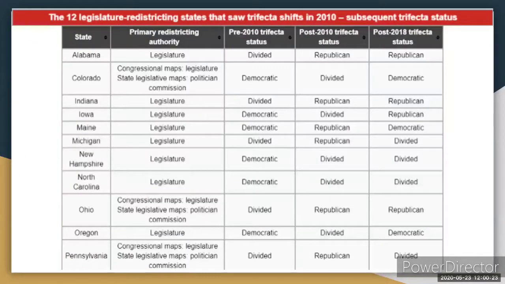The slide's a little blurry, but let's see, for instance, in Iowa, their legislature draws their lines. Before the 2010 election, they had Democratic rule. After the 2010 election, it was divided between Republican and Democrat. So they had to figure out those maps.